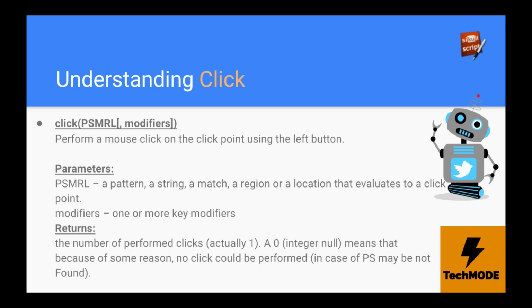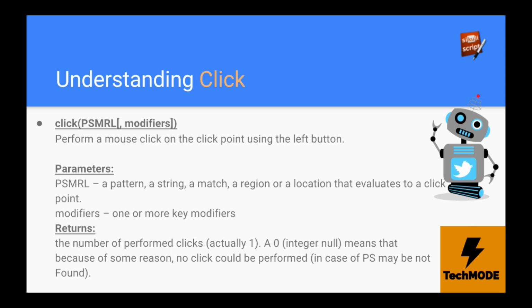Next is understanding click. Click is very simple actually. It requires a PSMRL, which is a pattern, string, match, region, or anything else that can match, and it's going to return the number of clicks performed.